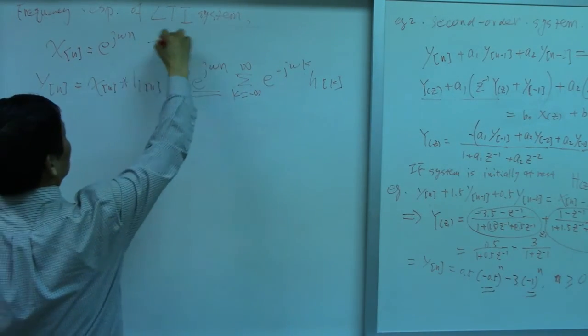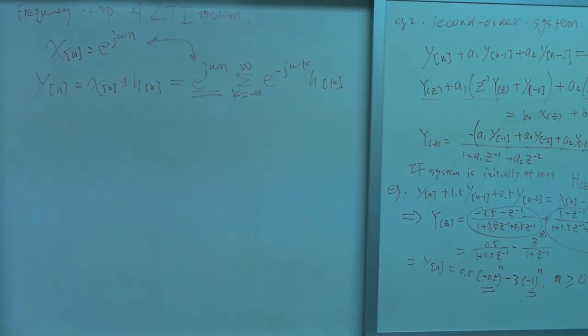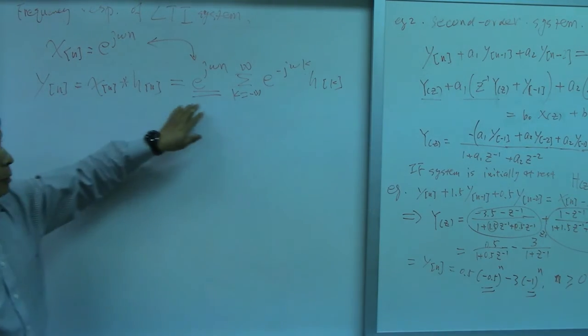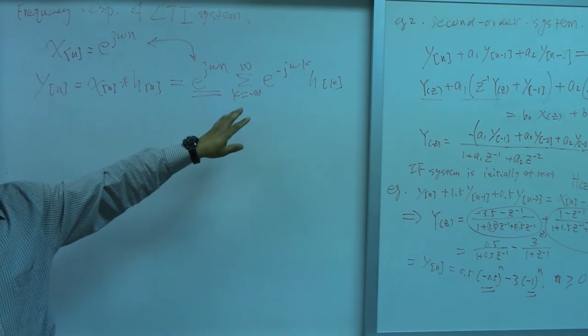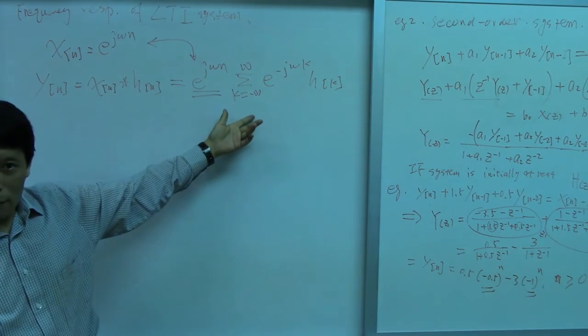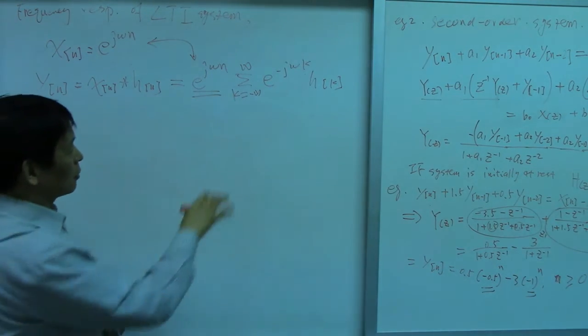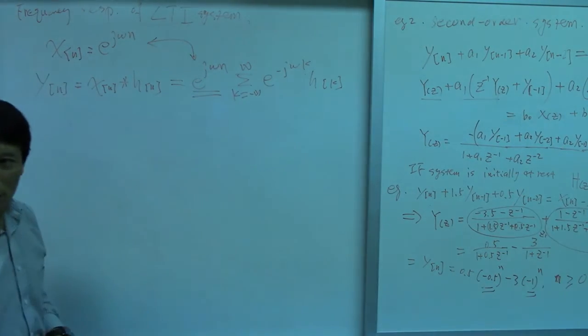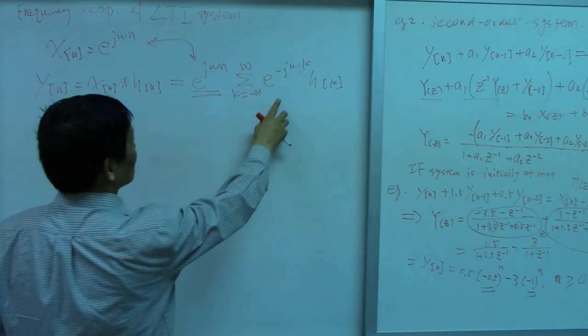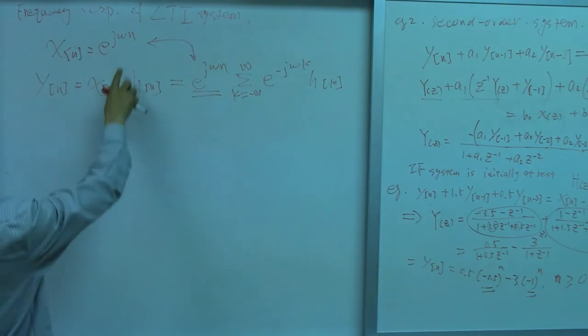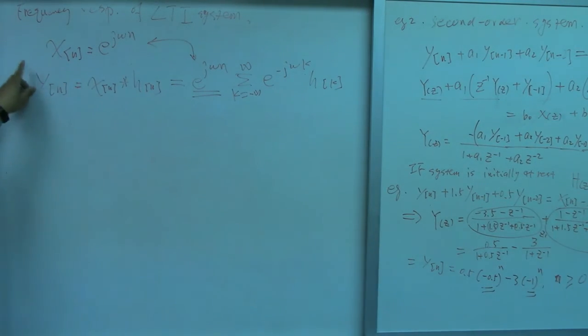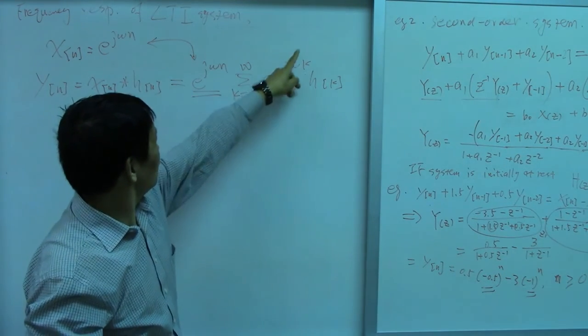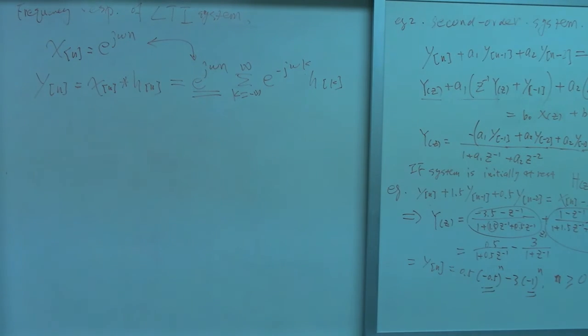That is the input. So it looks like the output equals the input multiplied by some constant. This k is a summation variable, so after the summation, k will be gone. And omega, if you give me the signal, I should be able to know the frequency. So this thing is constant. That is called the frequency response.